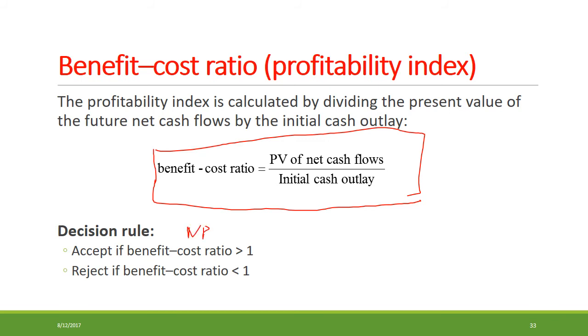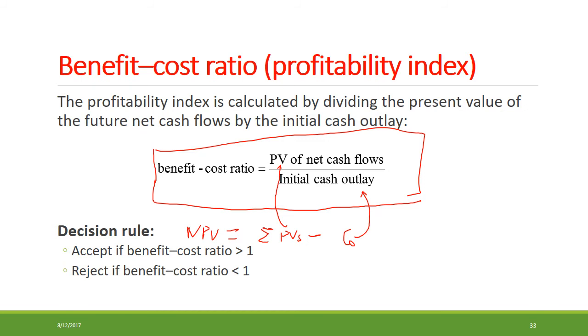The NPV method is the sum of the present values of future cash flows minus the initial outlay. This benefit cost ratio is similar. They have similar inputs, just a different way of expressing it.